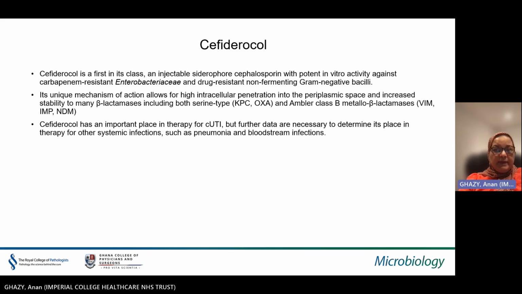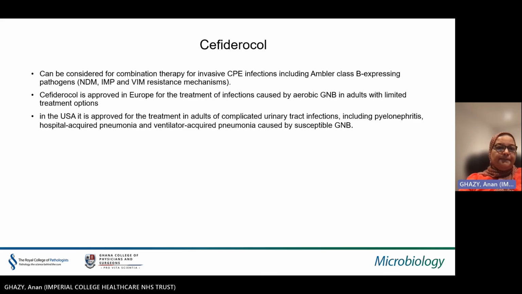Cefiderocol has an important place to play in complicated urinary tract infection, but further data are necessary to determine its place in therapy of other systemic infection, including pneumonia and bloodstream infections. It is considered for combination therapy of invasive CRAB infections, including class B, which is the first drug that can be used in treating NDM, VIM, and IMP.